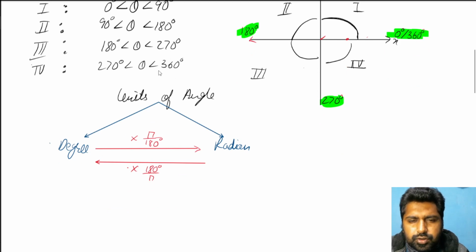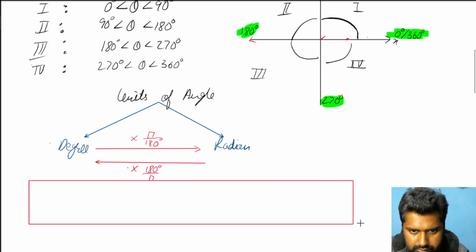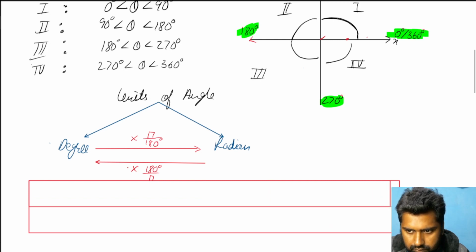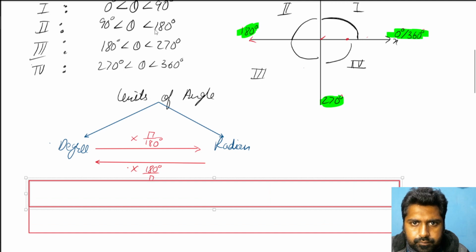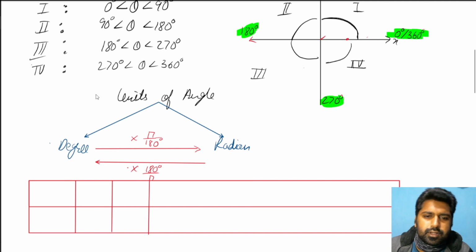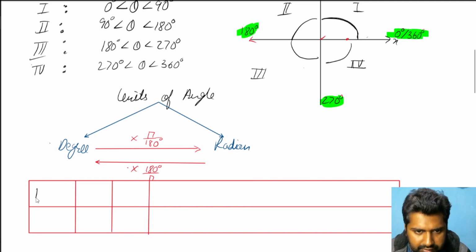I'll make a table of some angles so you will be comfortable with that. Suppose you have degree angles in here and we want to learn how to convert into radians.